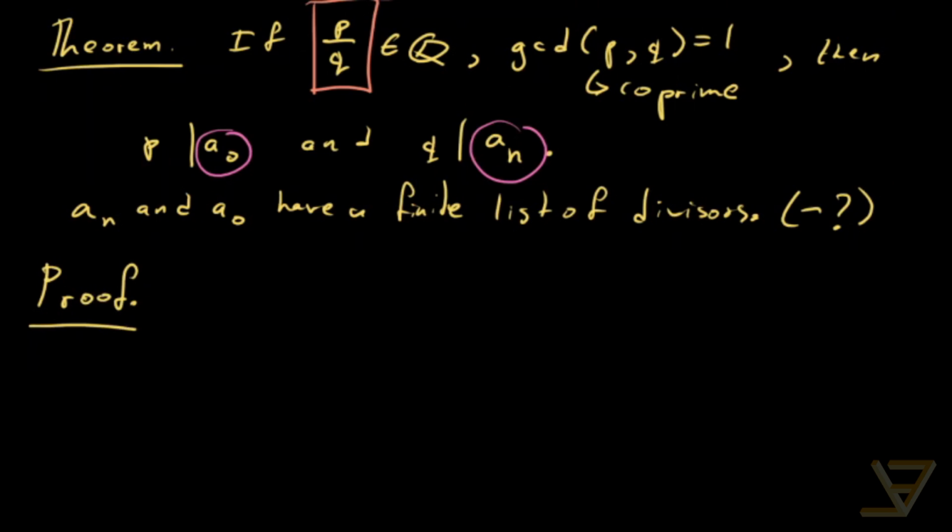So let's prove this. The idea is to plug in p over q, a root. P over q like this one, where p and q are coprime and p and q are integers.